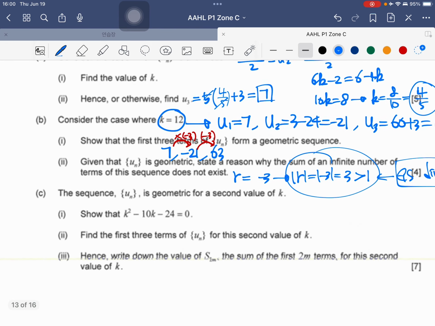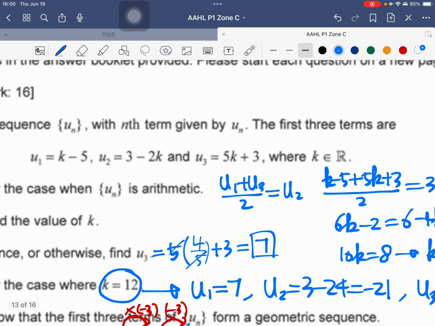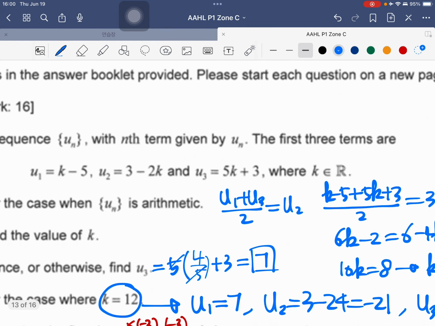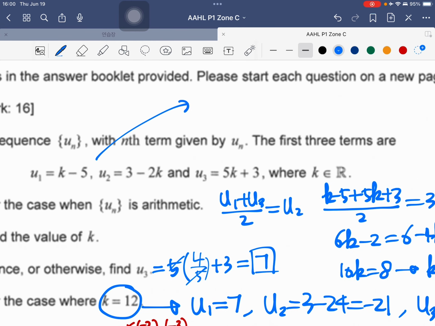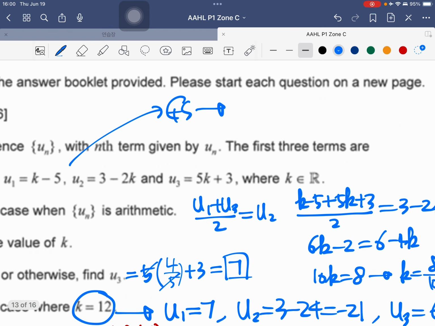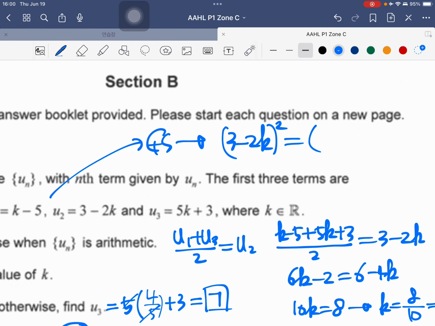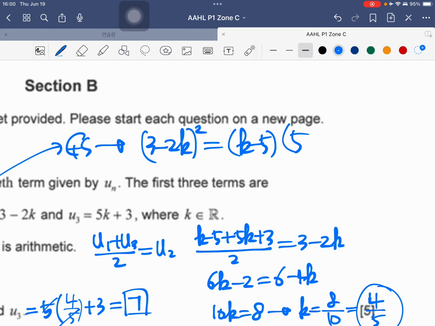When three consecutive terms satisfy a geometric sequence, it has to satisfy the rule of geometric mean, which means that the second term squared, which is 3 minus 2k squared, must be the product of the first term, which is k minus 5, times the third term, 5k plus 3.